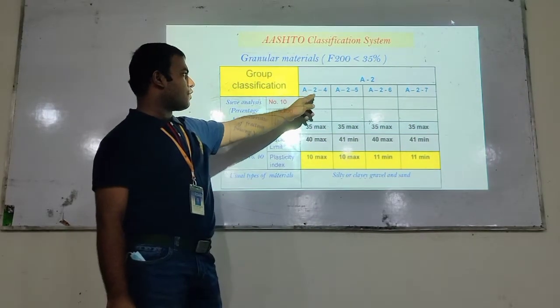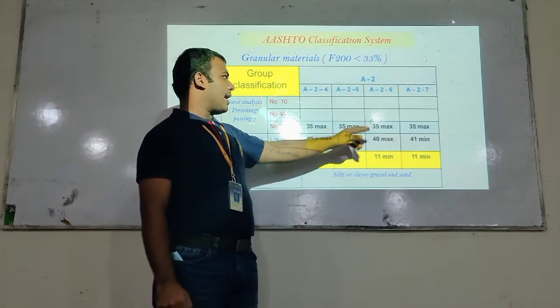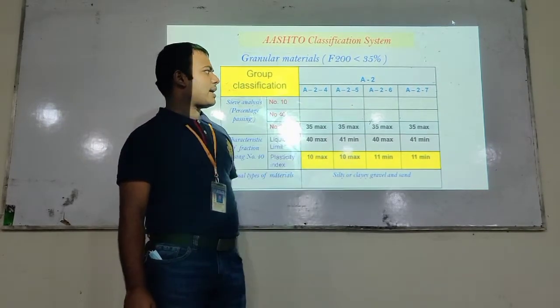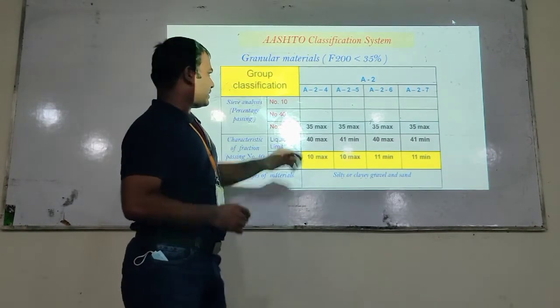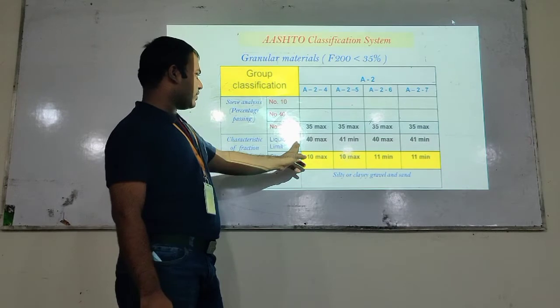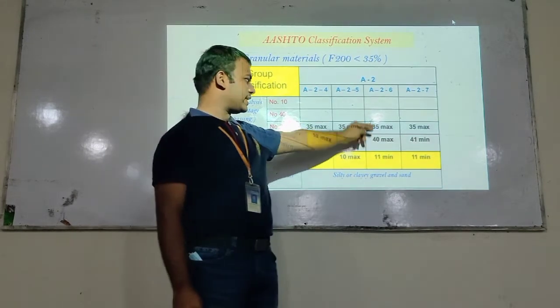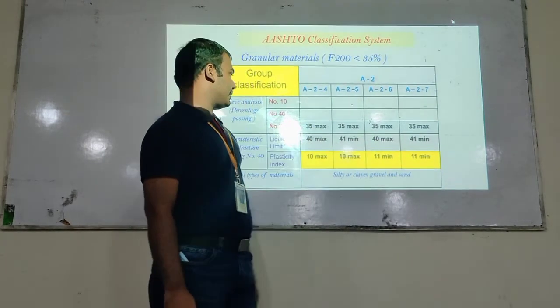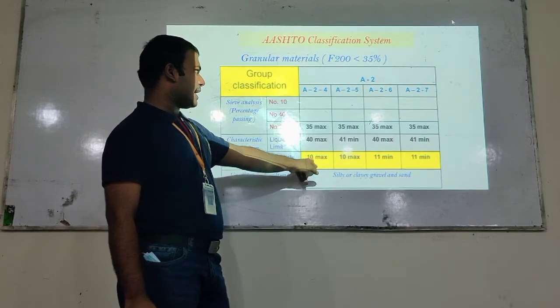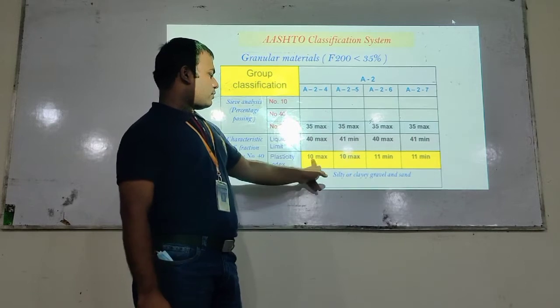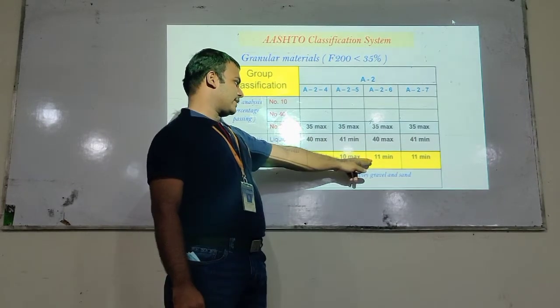A2-4 and A2-6 are similar and related, because their liquid limits are the same, and the plasticity index of A2-4 is maximum 10% while A2-6 is minimum 11%.